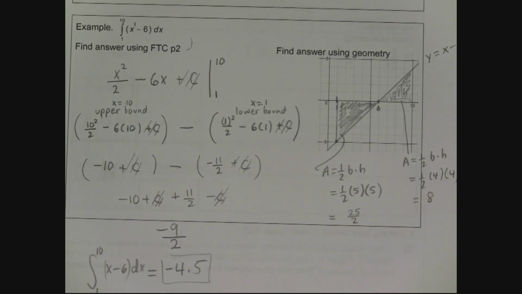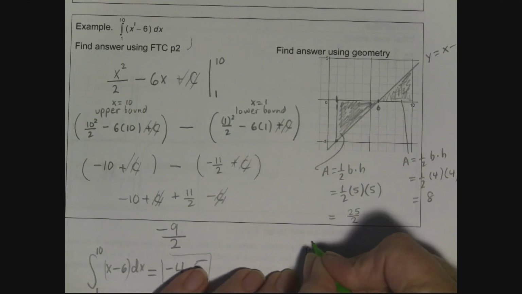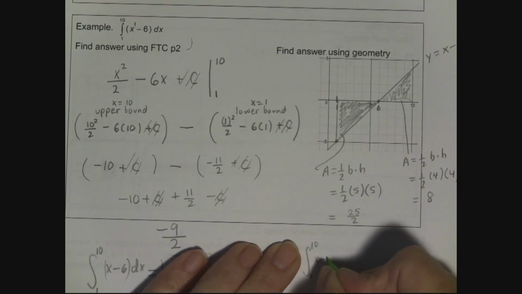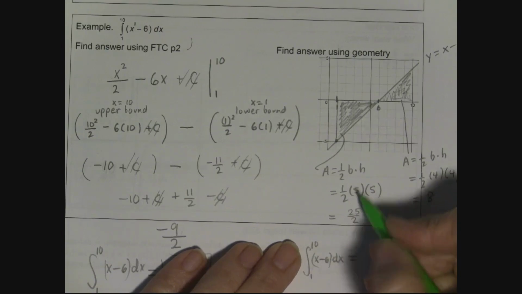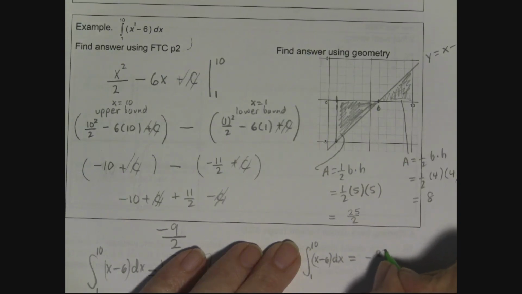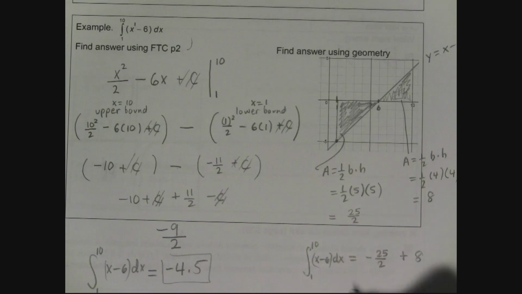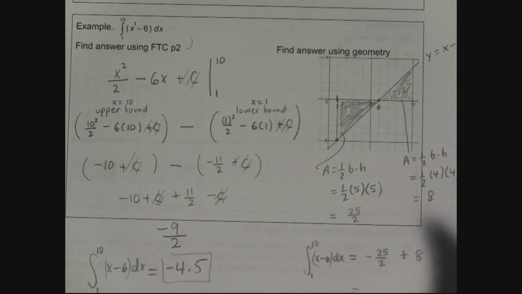If you're wanting to find the integral from 1 to 10 of our function x minus 6 dx using geometry, then we had this area below the x-axis, so that's negative 25 over 2, because it's below the x-axis, plus 8. And we know that answer better be negative 4.5.